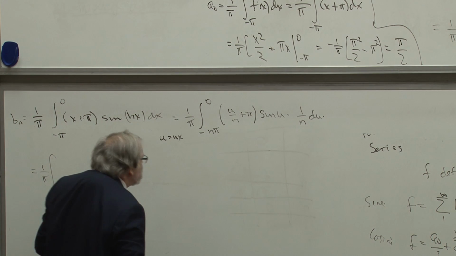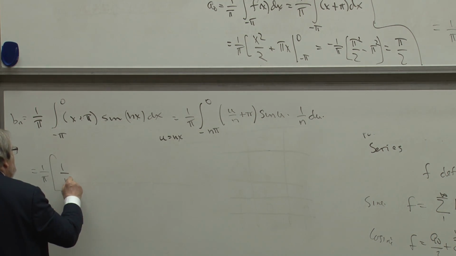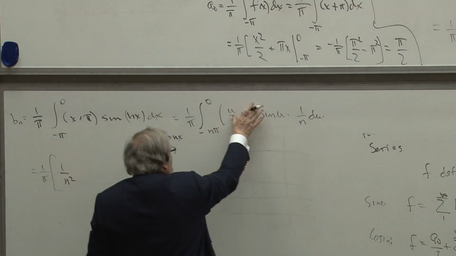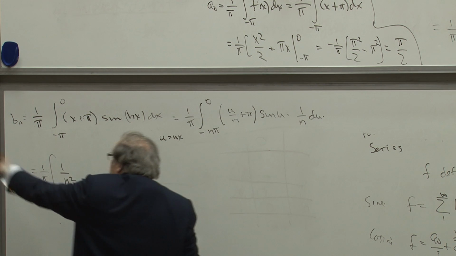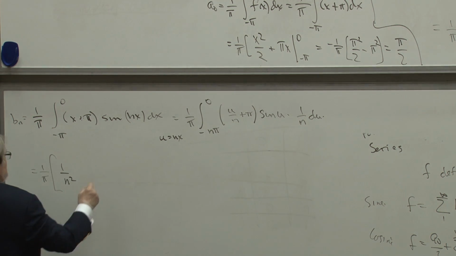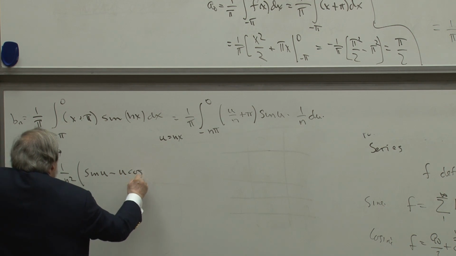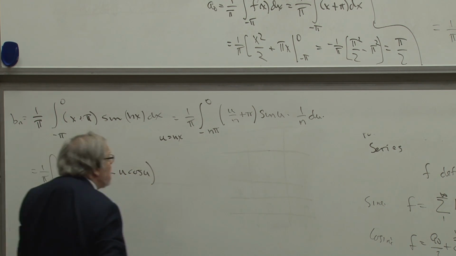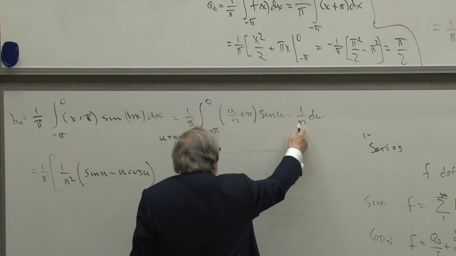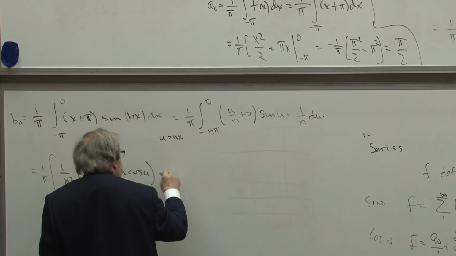Again, a 1 over n squared. This time it's the integral of u sine u du. That's sine u minus u cosine u, plus the integral of pi over n.